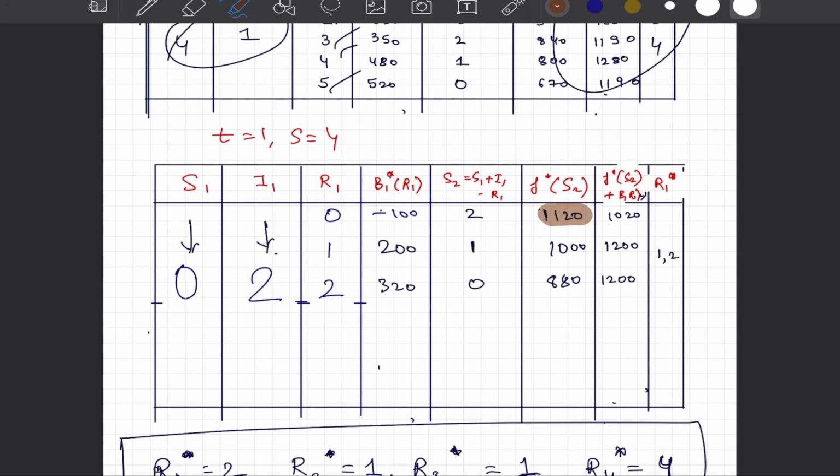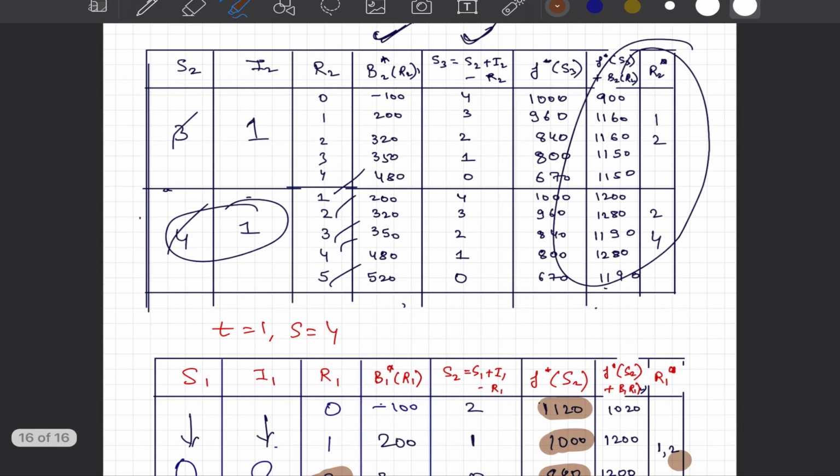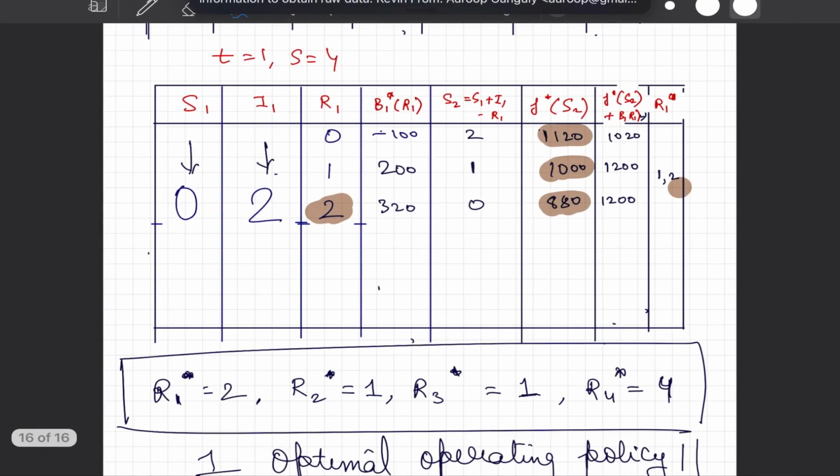We go to the previous table, look at the value corresponding to state equal to 1. When release is 2, we look at this value. And finally, we say that if we make release of 1 or 2 in the first month, that is going to be our optimal policy. And since everything is tied to continuity, two decisions are possible.